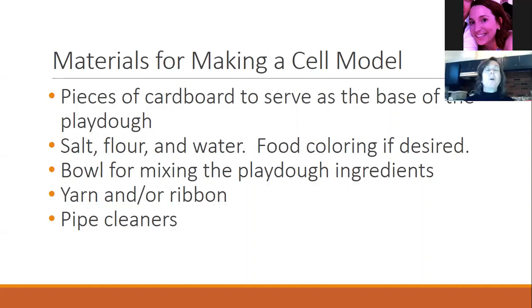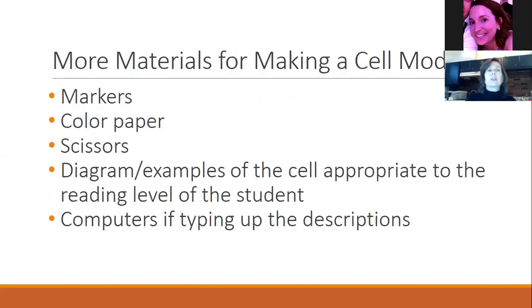To make the Play-Doh, all you need is just salt, flour, and water. That's it, nothing else. You're going to need a bowl for mixing the Play-Doh ingredients, and then you're going to need maybe some yarn and/or ribbon, pipe cleaners, markers, colored paper, scissors, the diagram or examples of different cells that are appropriate for the different reading levels.